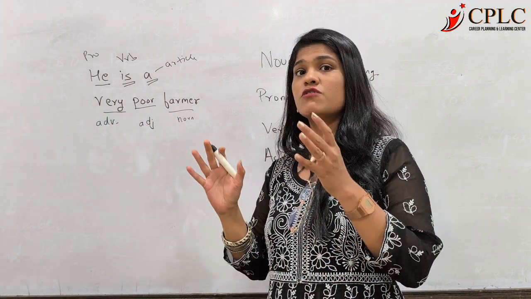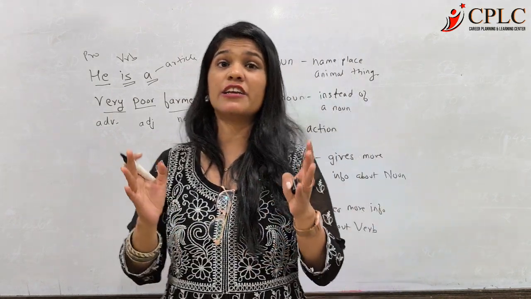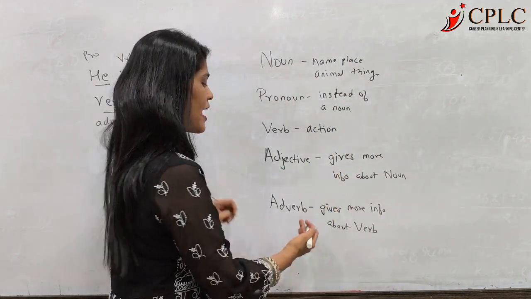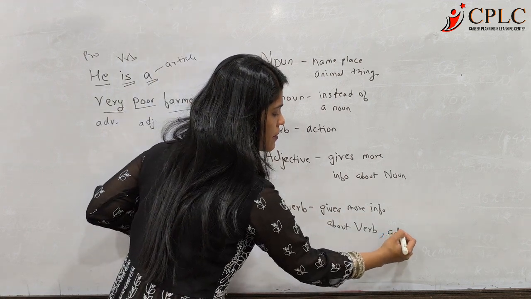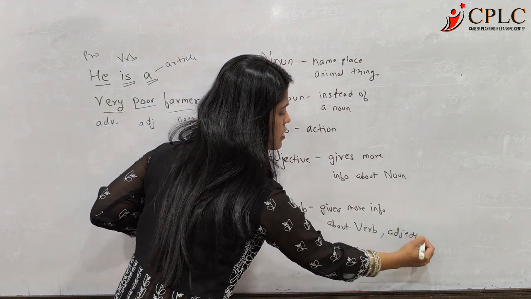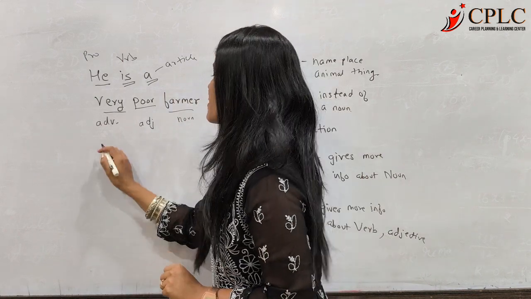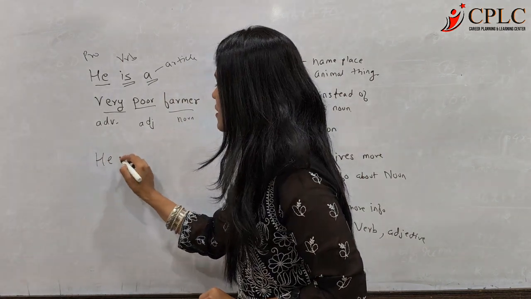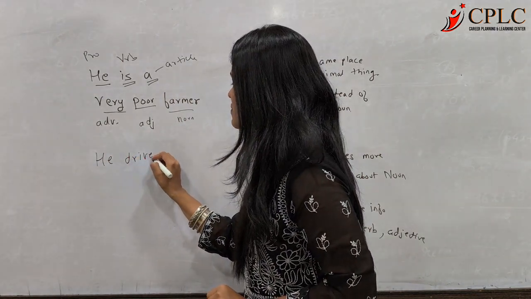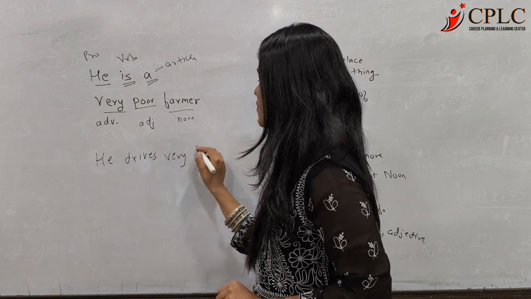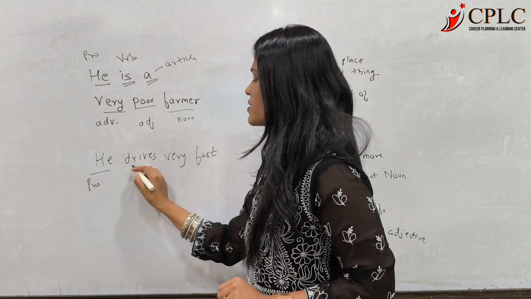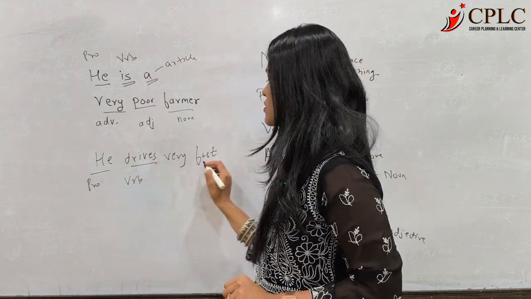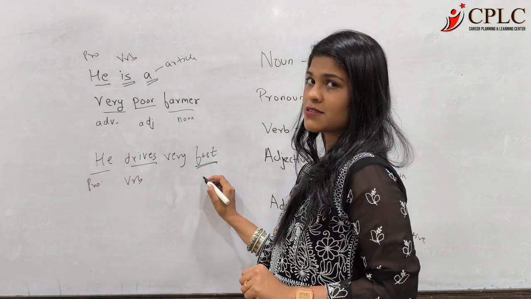So anything that gives you more information about an adjective also is an adverb. So it gives you more information about a verb, adjective. Stay with me. He drives very fast. He is a pronoun. What is drives? Verb. Very good. What is fast?